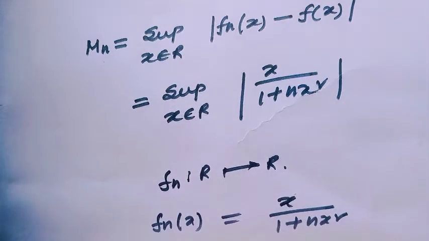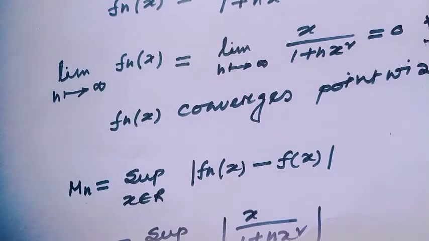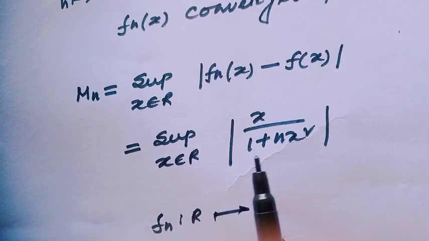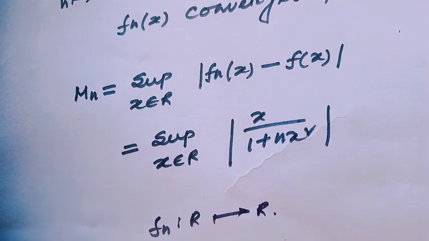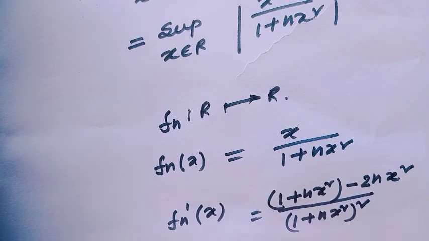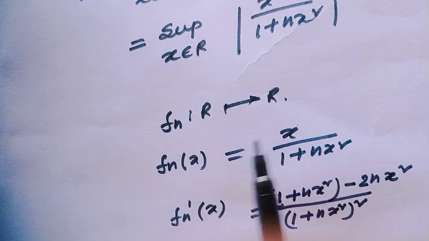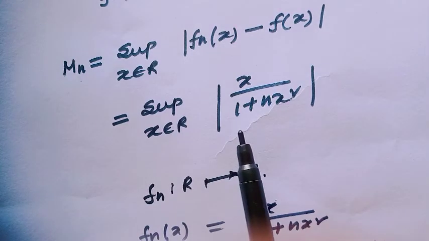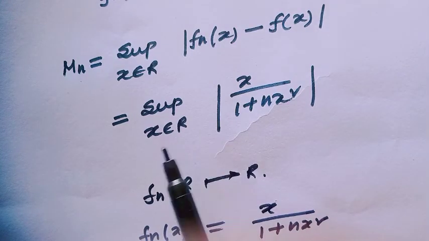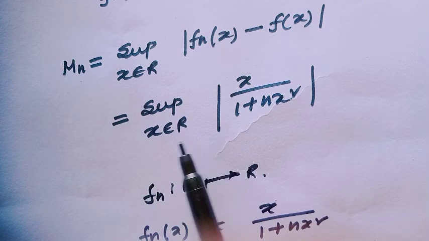Since f(x) equals 0, this is the supremum over x in R of x over 1 plus n x squared. Since f_n is defined from R to R, we have to find the supremum value, where x belongs to the whole real line.